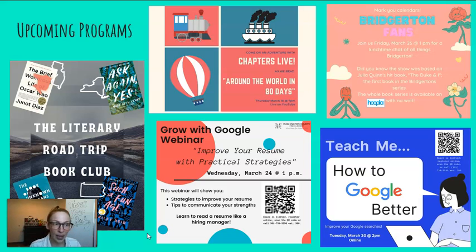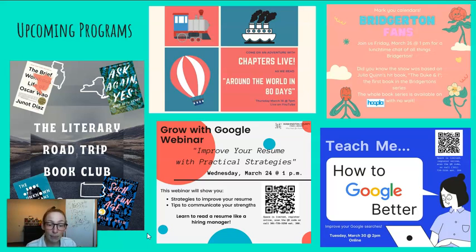These are some of our upcoming programs that we would love to see you at. These are all virtual programs. Coming up on the 17th of March at 7 p.m. is the next iteration of the Literary Road Trip Book Club. They are reading The Brief Wondrous Life of Oscar Wao.